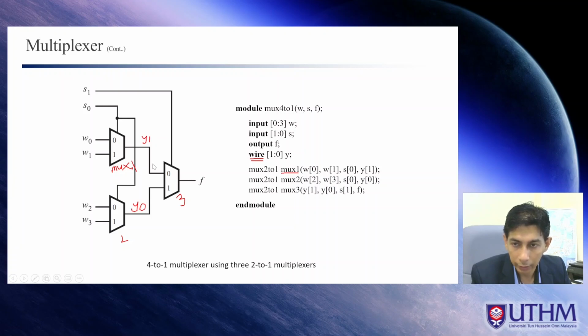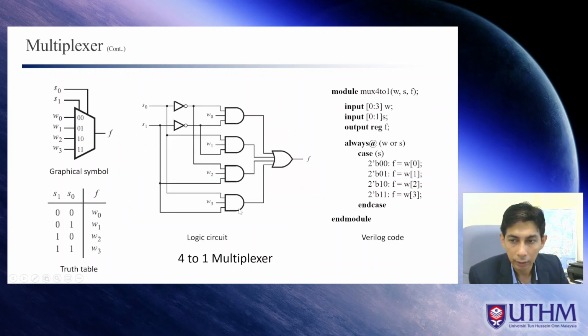What about Mux 3? Mux 3 here is y1. That's why we have y1 here. Here is y0. That's why we have y0. And this one is S1. That's why we have S1. And the output is F. So we have F. So this will create this circuit. And of course, this circuit will have the same behavior as this one, right?